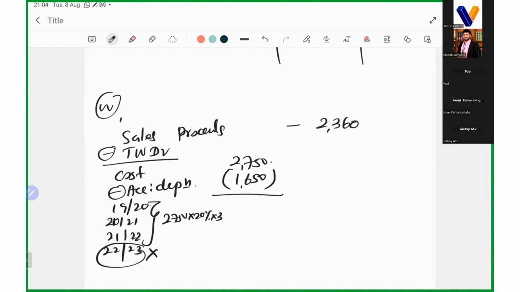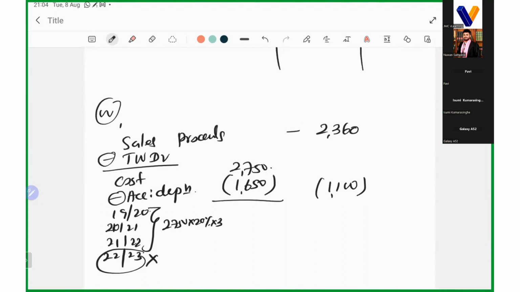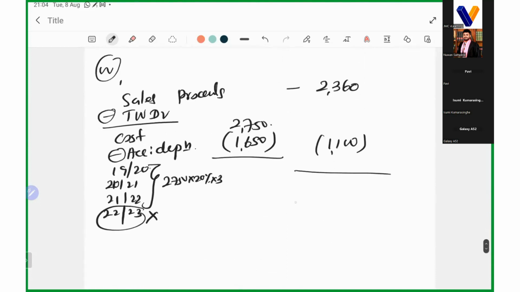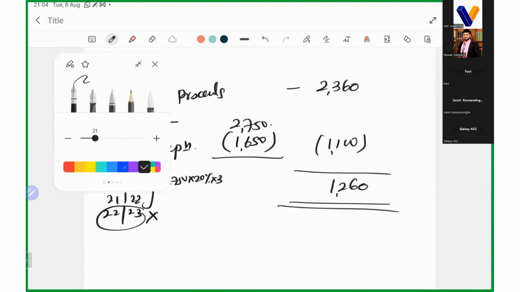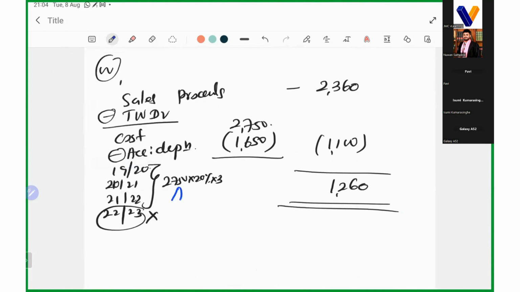Then 1,260, that we call, but there is a profit. So that is the accessible charge, the accessible charge of 1,260.